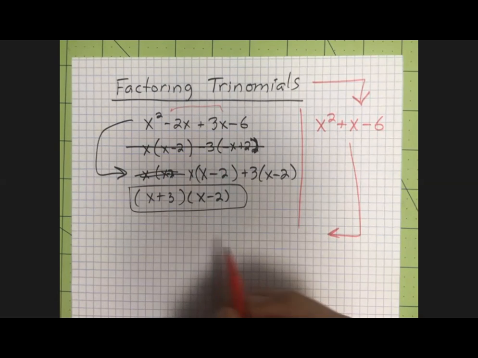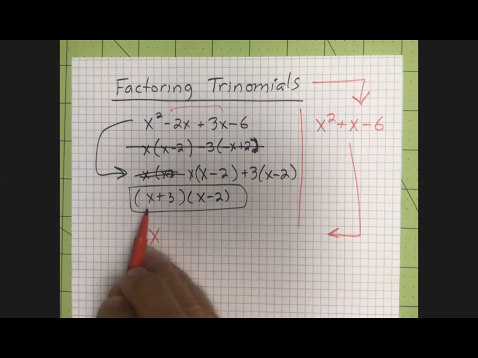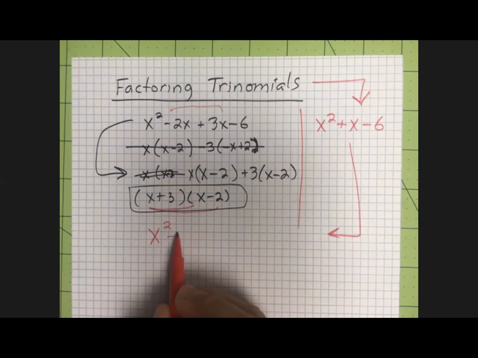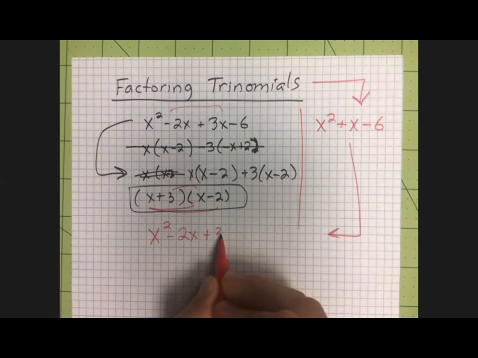The answer is yes. Let's think about multiplying these two binomials. What's the word for multiplying? Distribute, right? X times x, x squared. X times minus 2, minus 2x. X times 3, positive 3x.